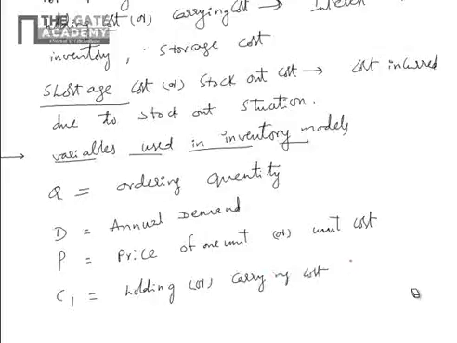It is also expressed sometimes in terms of percentage of unit cost, X percentage of P. Next cost is ordering cost, ordering cost per order.